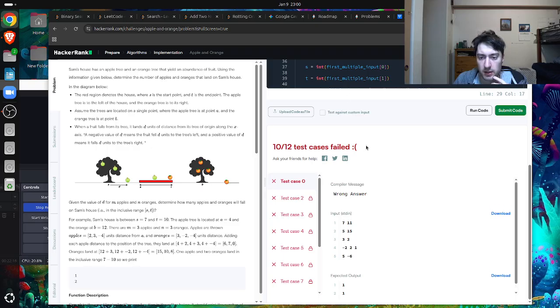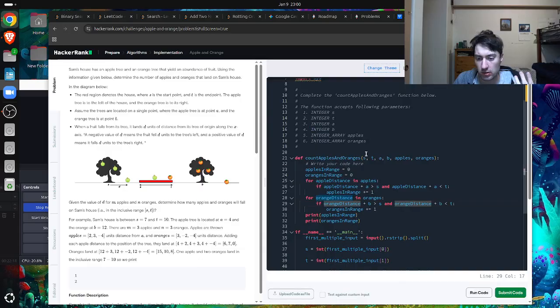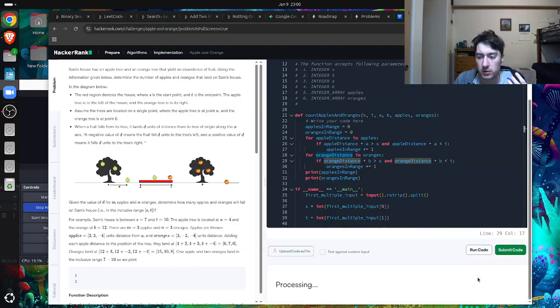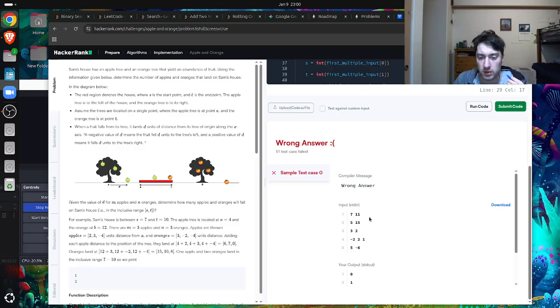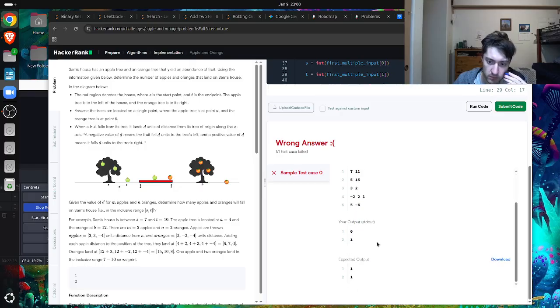Compiler message. It just says wrong answer. Let's press run code and just see what it's angry with. My output is 0 and 1. It expects 1 and 1.